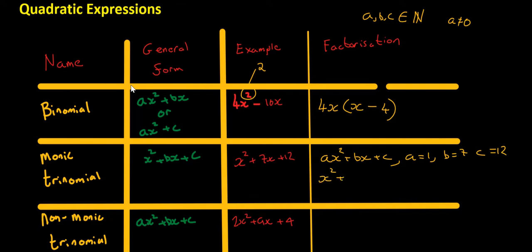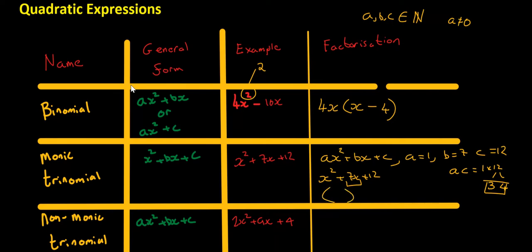We've got x squared plus 7x plus 12. So if a is equal to 1, in order to find the factors of 12 which add or subtract to give 7, we do ac. Because a is 1, we do 1 times 12. And look at the factors of 12, and I hope you can all see that 3 plus 4 gives 7.